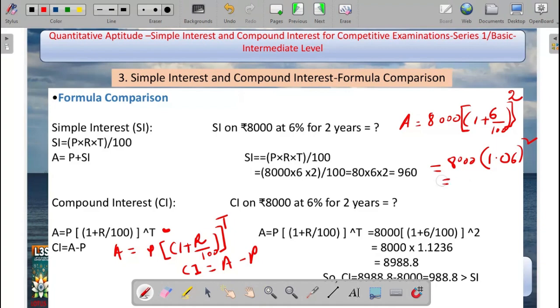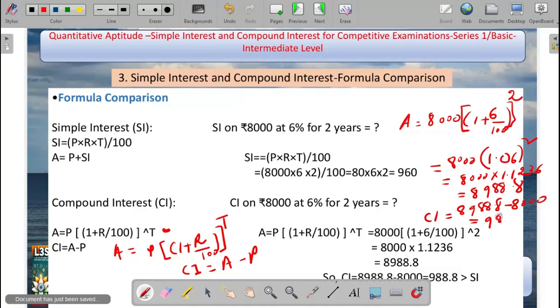So if we calculate this, we will get 8,000 into 1.1236, and total amount we will get is 8,988.8. And now CI we can find out, A minus P. P is 8,000. So 988.8. This is CI. This is the way we have to do it.